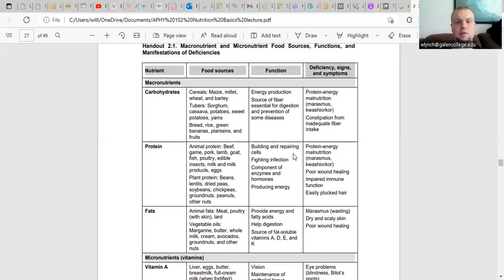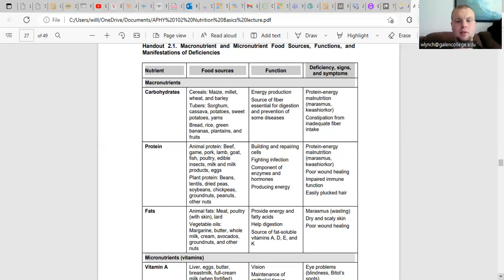So we do mainly building and repairing of cells, and fighting infection through antibody production. The last-ditch effort is producing energy. If we don't have carbohydrates or fat available, we'll use proteins to make energy through that pathway. If we have a deficiency, we can see poor wound healing, impaired immune functionality, and also our hair could be easily plucked.